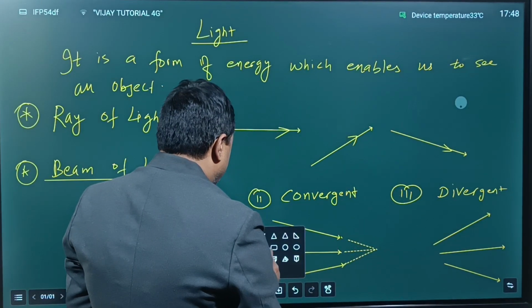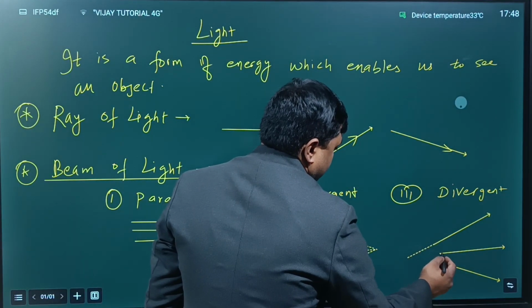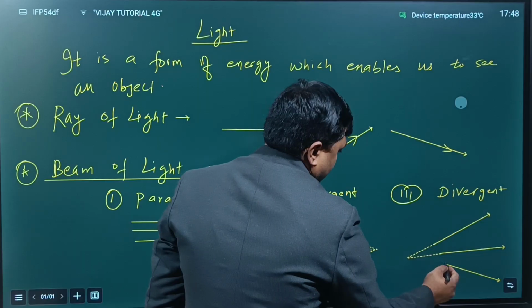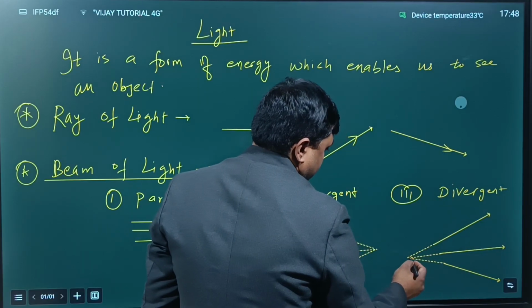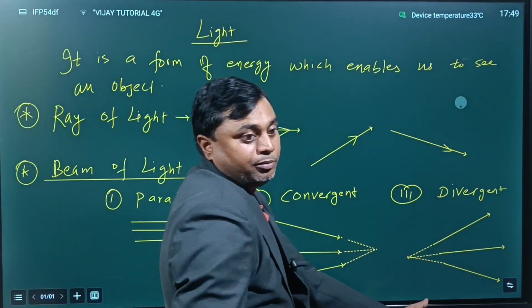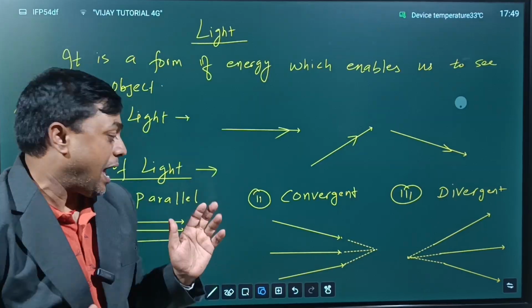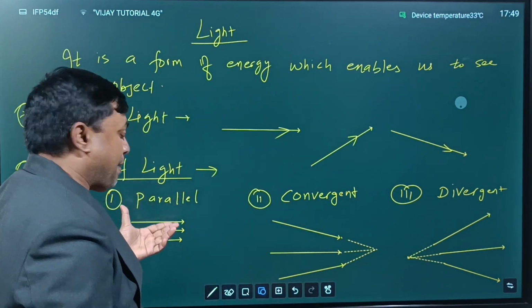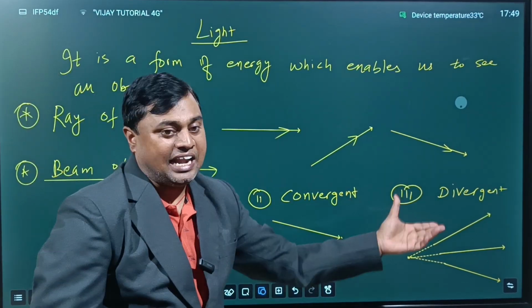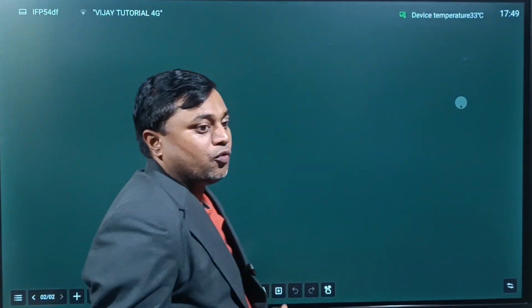If you produce them backward, they will meet. Is it clear? This is a divergent beam of light. So a beam of light is of three types: parallel, convergent and divergent. Is it clear?